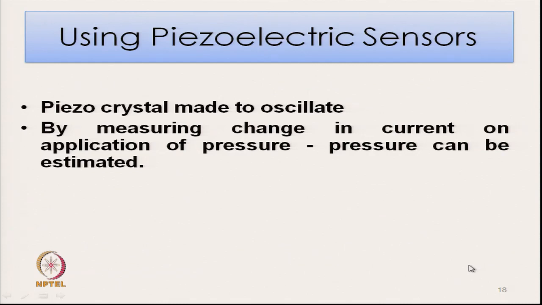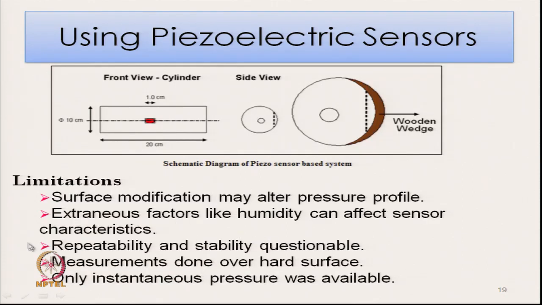Another method is the piezo crystal based method. Piezoelectric sensors are used, and piezo crystals are made to oscillate; by measuring the change in current on application of pressure, pressure can be estimated. Here the limitations are the same as those we discussed earlier. Surface modification is required, which may alter the pressure profile.